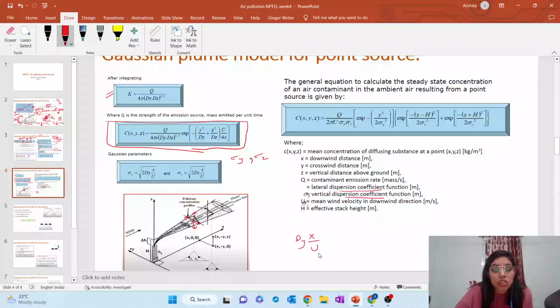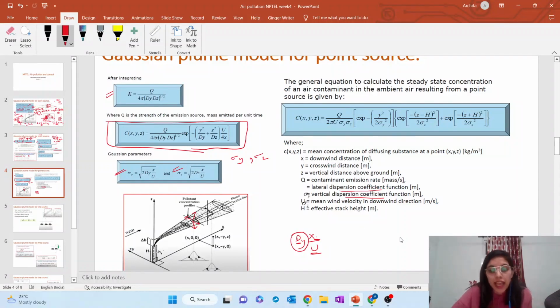Because what we are seeing is that if a plume is moving in the x direction with a certain speed, then how much it will disperse in the y direction depends on how much diffusion there is in the y direction. So that is how they calculated sigma y and sigma z, where x by u is constant.